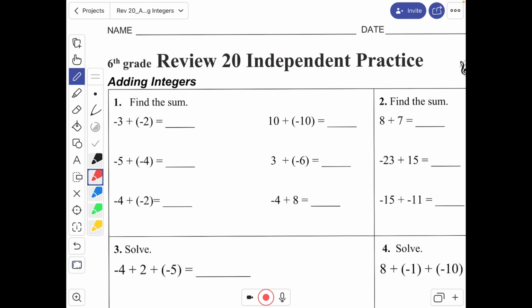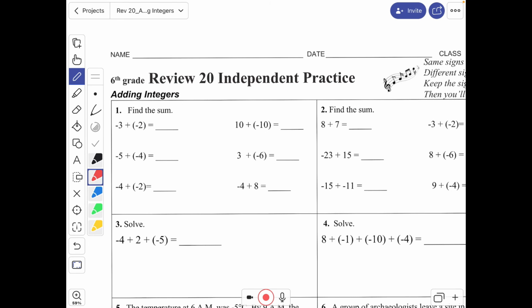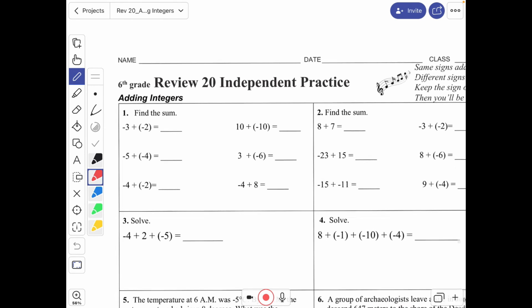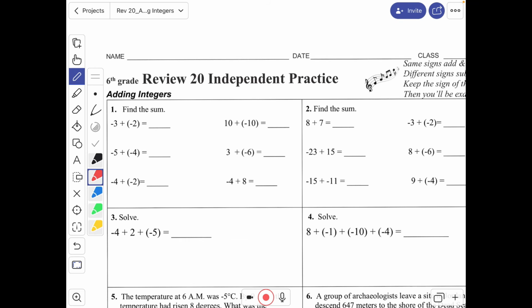Let's look at the back of your worksheet, Review 20, Independent Practice. So number 1 and number 2, you're just finding the sum. So if they have the same signs, you just add and keep the sign. If they have different signs, like that, you take and subtract. 10 minus 10 makes 0.